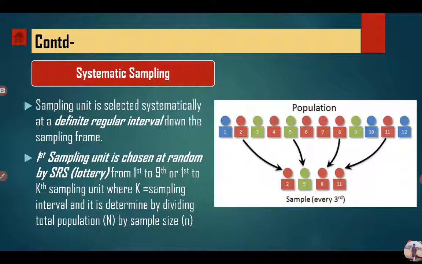Here it is every third interval, so the second unit is taken, and then the third unit, fourth unit. This interval is determined by dividing the total number of population by the predetermined sample size. Here the population is 12, the predetermined size is 4, so the interval is 3.